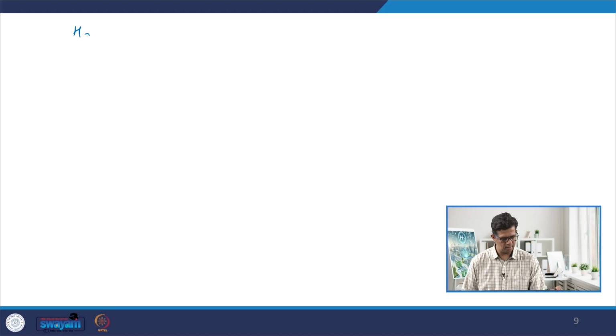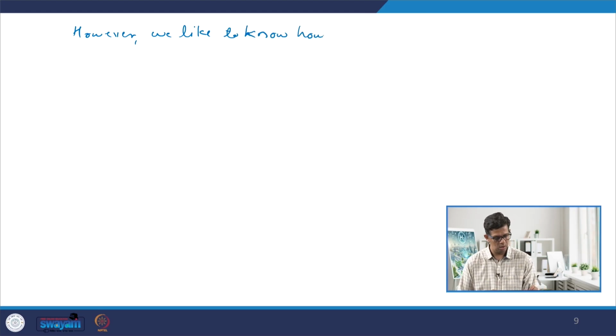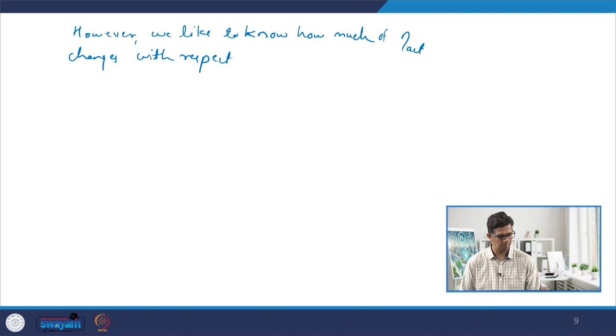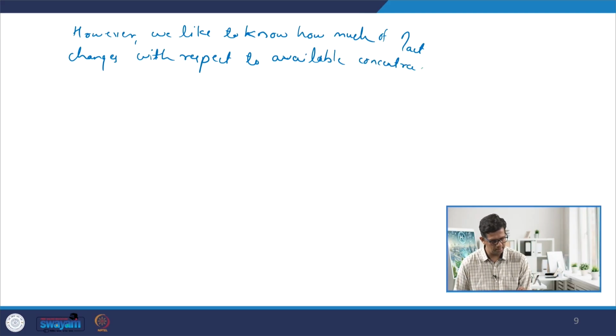However, we would like to know how much eta activation changes with respect to the available concentration, that is CR star basically.